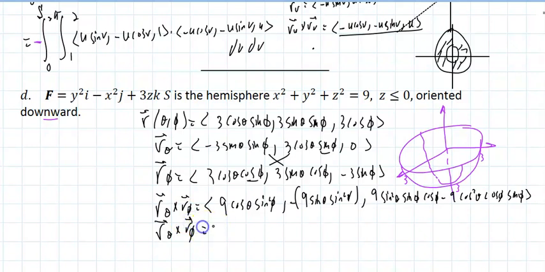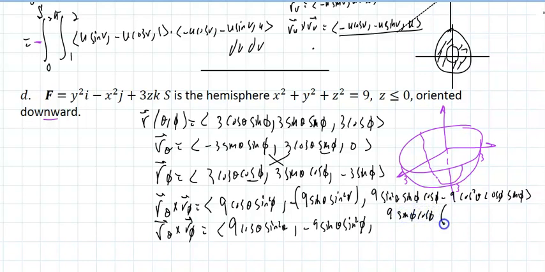Maybe I should use theta and beta next time. So that is 9 the cosine of theta sine squared of phi. This is negative 9 the sine of theta sine squared of phi. And here, if I factor a 9 sine of phi cosine of phi out, I will have a sine squared.